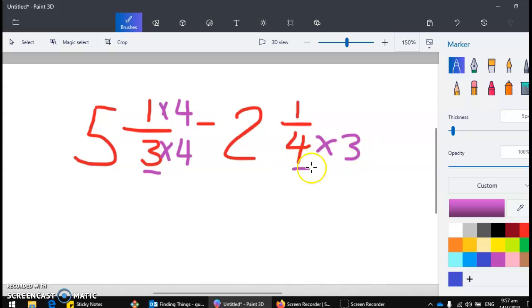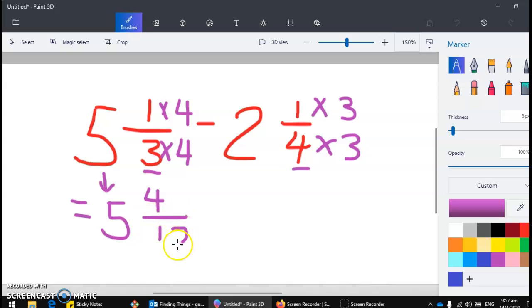Whatever you do to the denominator, you must do to the numerator. So 1 times 3. Alright. So we have 5 wholes, we just copy it down. And 1 times 4 is 4, 3 times 4 is 12.